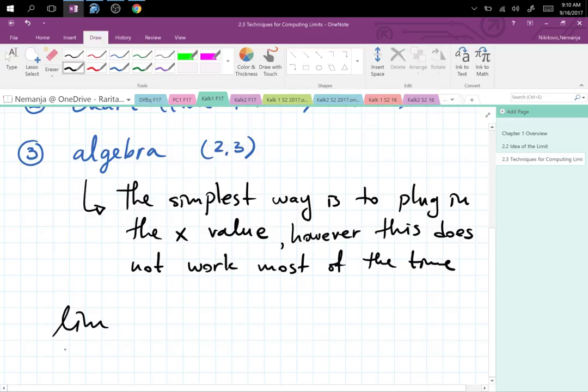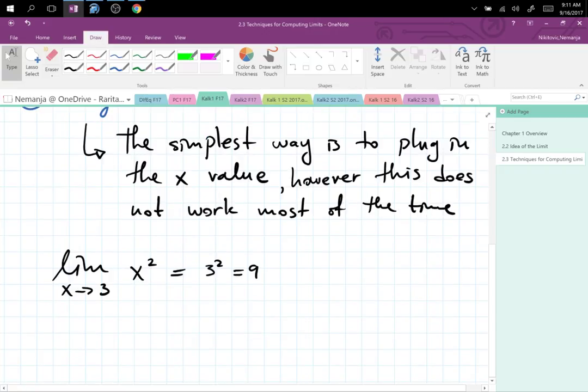An example when it works, which was our introductory example to limits, would be this one. 3 squared is 9. Now again, this is a wrong way to compute the limit, because remember, limit is not supposed to compute at the point 3. It's supposed to compute around the point 3. But no, it's a practical shortcut, so why not use it? We can.